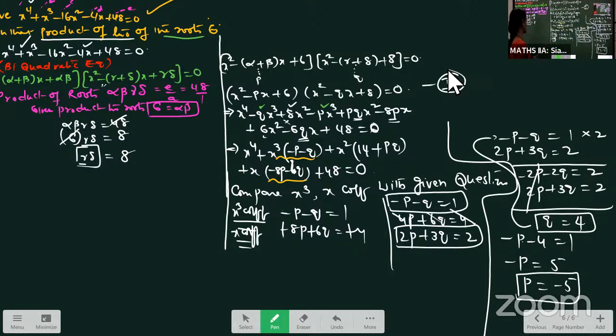So once you go through this, the value is coming as minus 6 there, plus 6q.